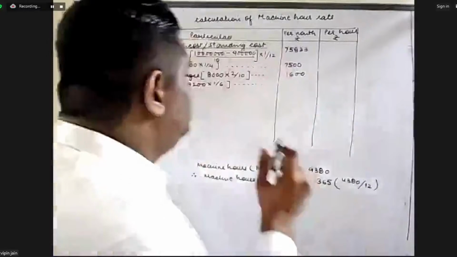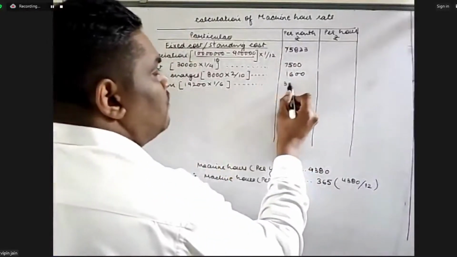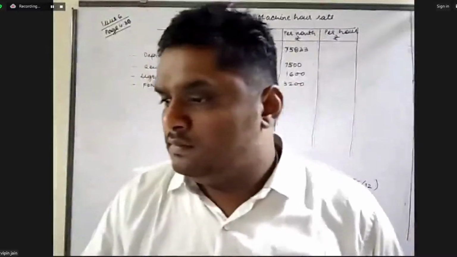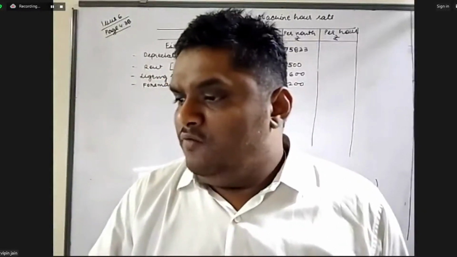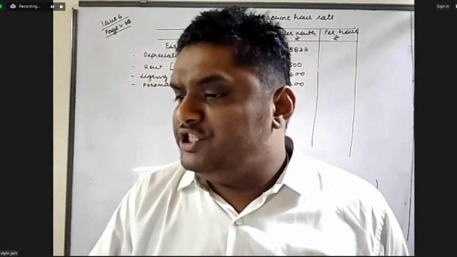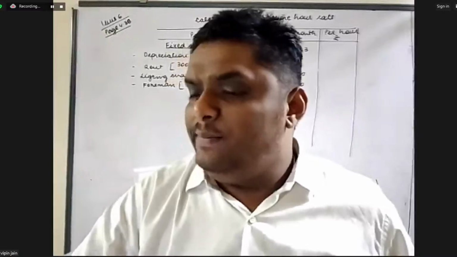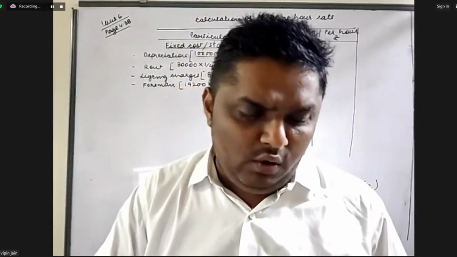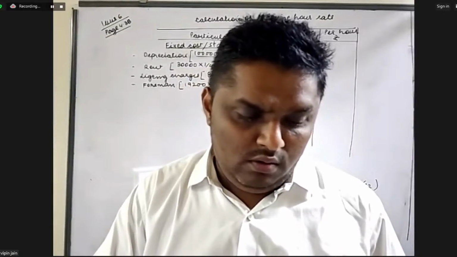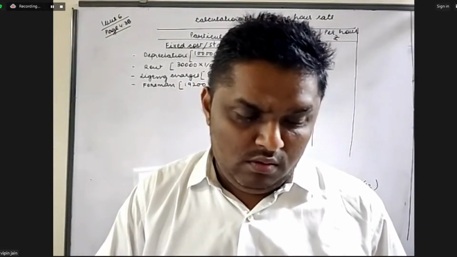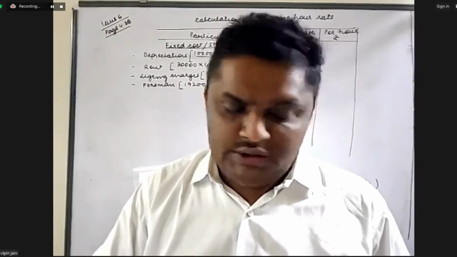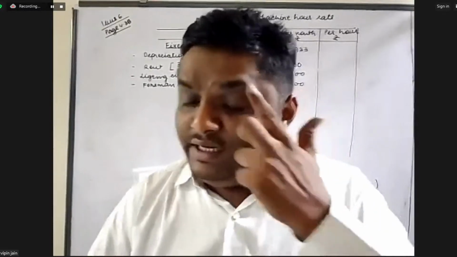So this will be 3,200. Further, it is given in the question that insurance is 1% per annum. So the total value of the machine is 1 crore into 1% divided by 12. So we'll get the insurance amount, that is 8,333.